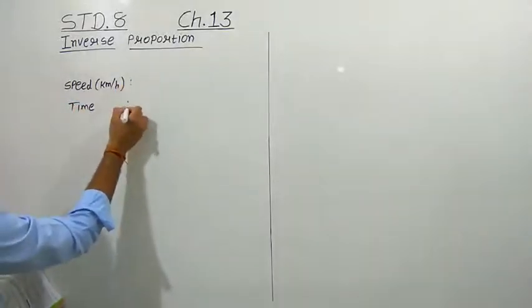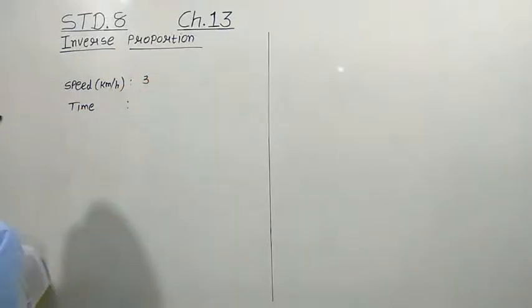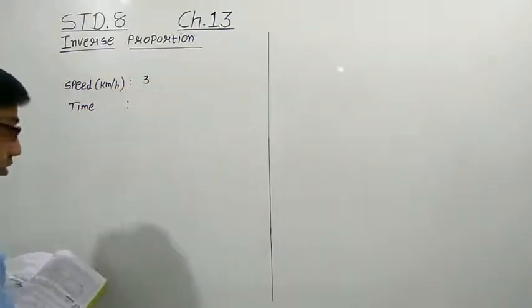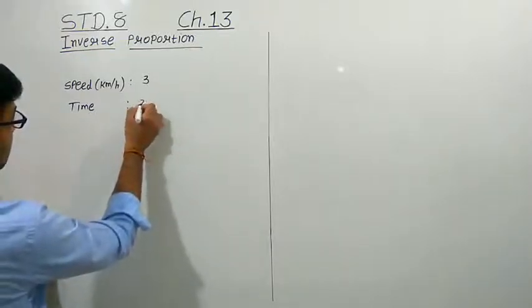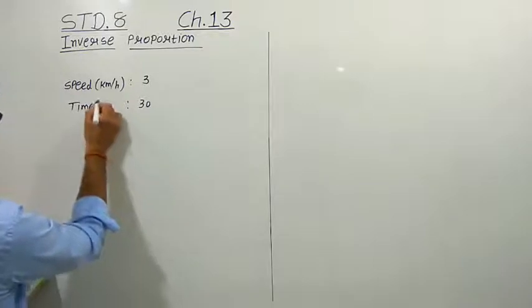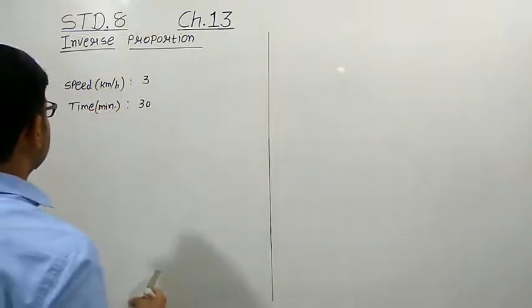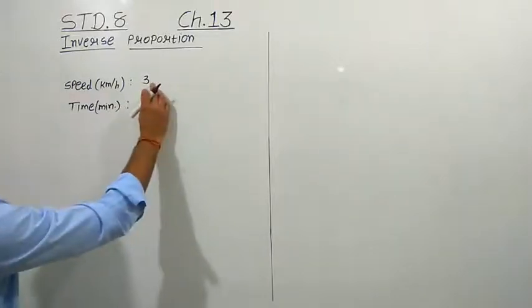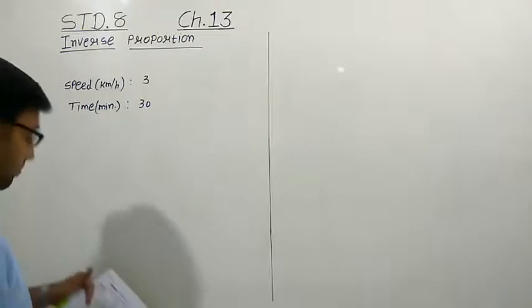So suppose one vehicle has a speed of 3 kilometer per hour. To cover a particular distance, suppose it takes 30 minutes. So if the speed is 3 kilometer per hour, the time taken to cover a particular distance is 30 minutes.